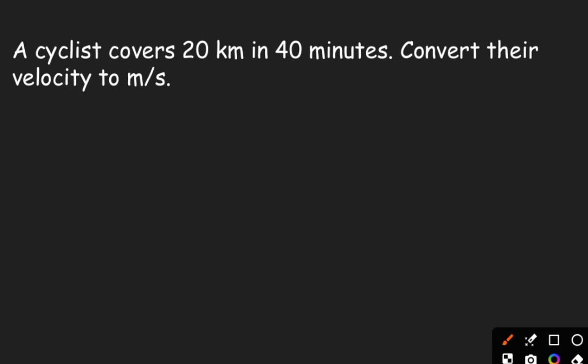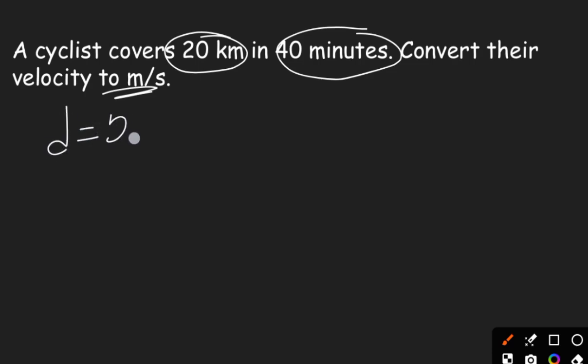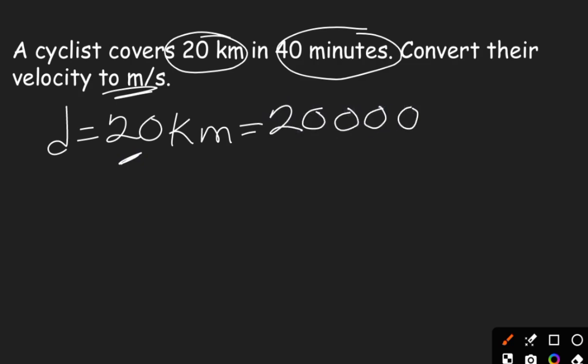So a cyclist covers 20 kilometers in 40 minutes. Convert their velocity to meter per second. So if you are following, you should know that converting this to meters, converting this to seconds. So your distance, 20 kilometers, will be equal to, we know that to convert kilometers to meters multiplied by 1000, you're going to have 20,000 meters. Then 40 minutes, your time.